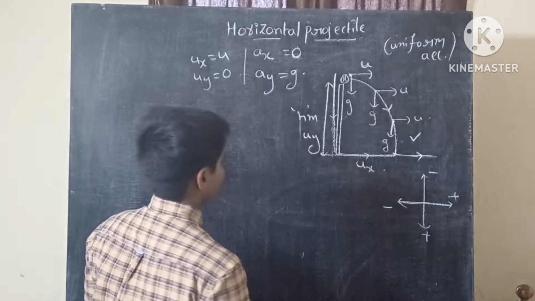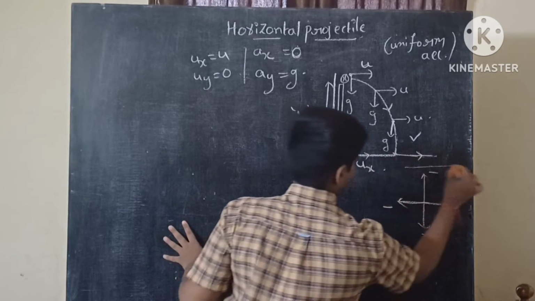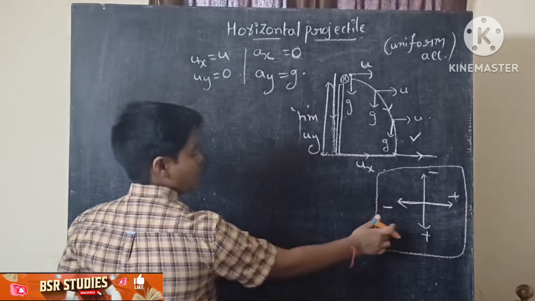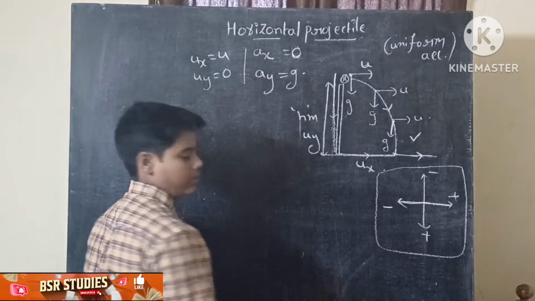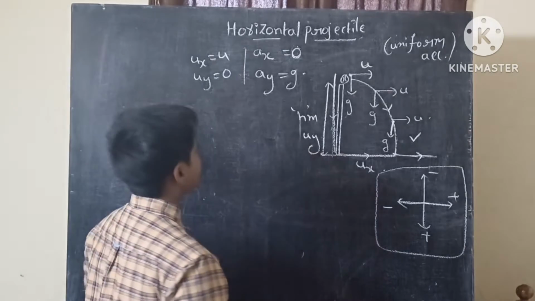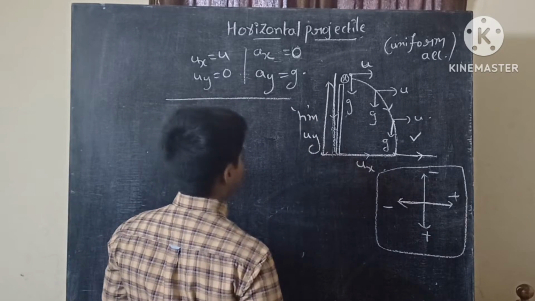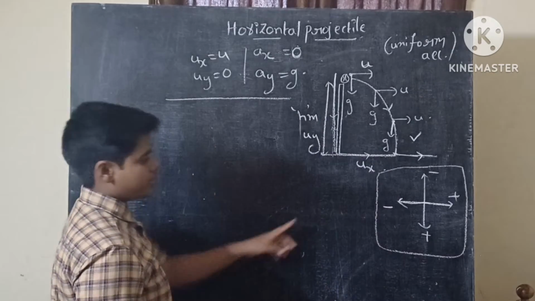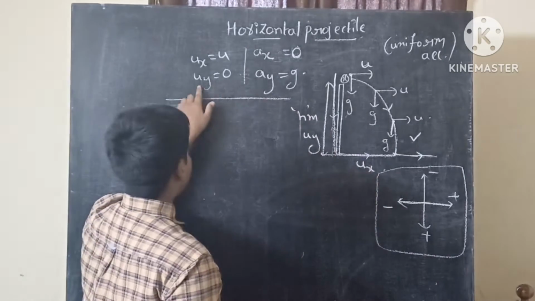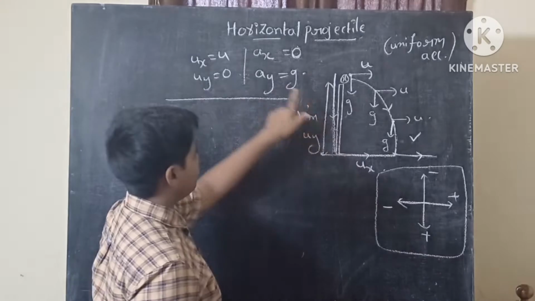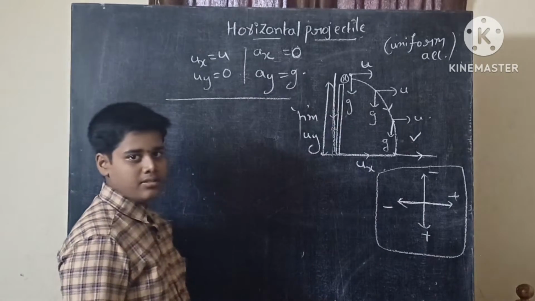Until our topic is completed, we have to use this sign convention only. So this is the basic introduction of horizontal projectile. So ux equals u, uy equals 0, ax equals 0, ay is gravity.